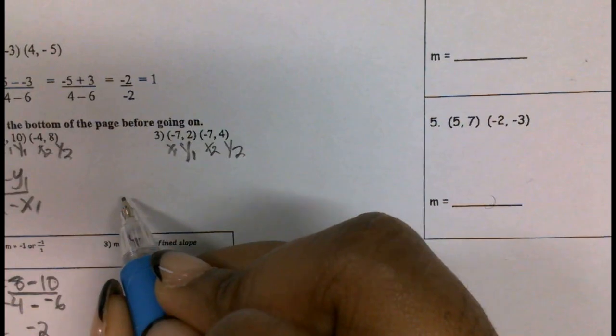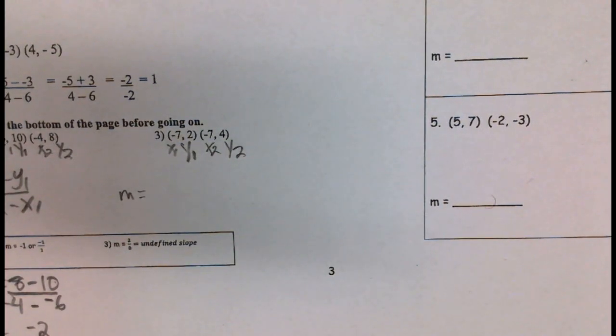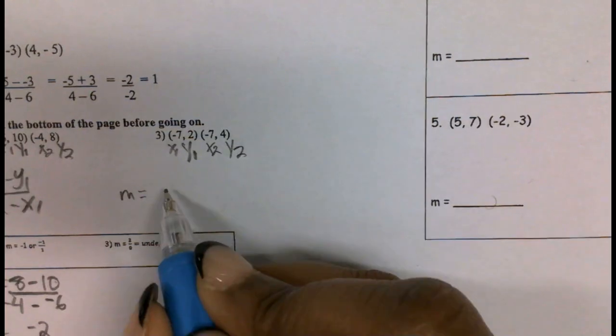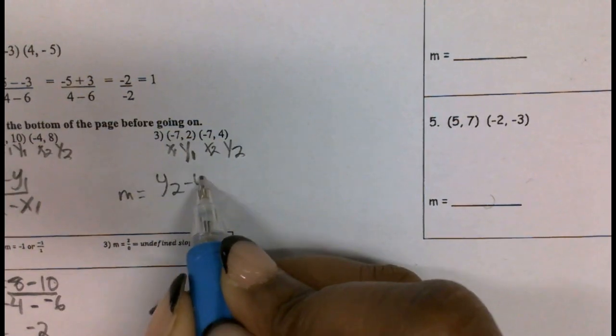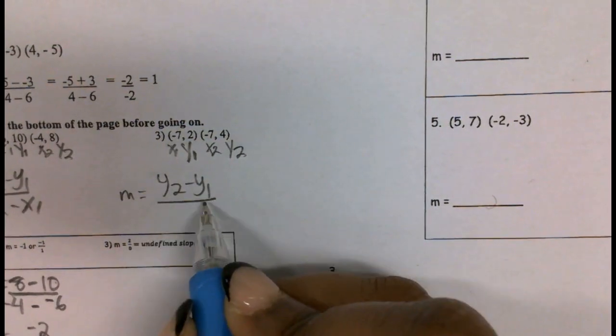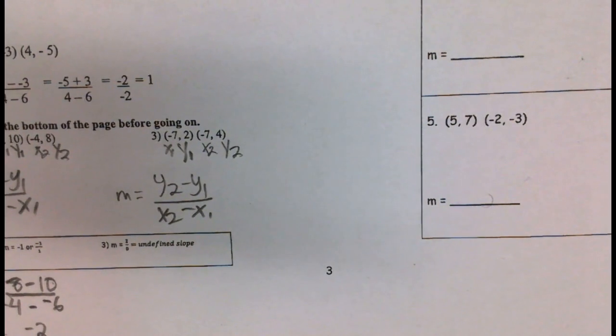First point, second point. What's the formula? Sit up, please. What's the formula? Lenny. Very good. Okay. All right.